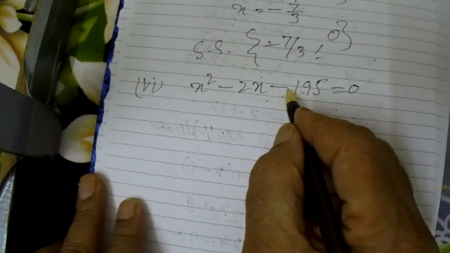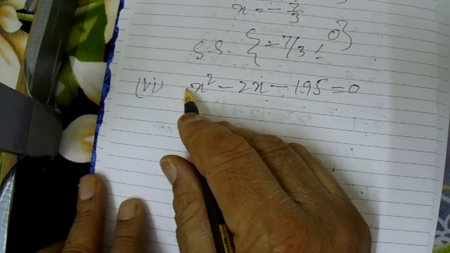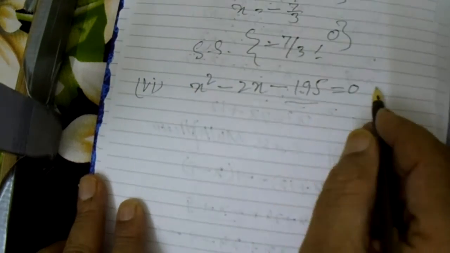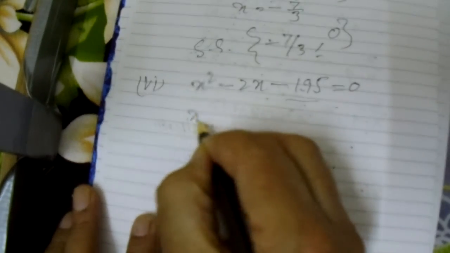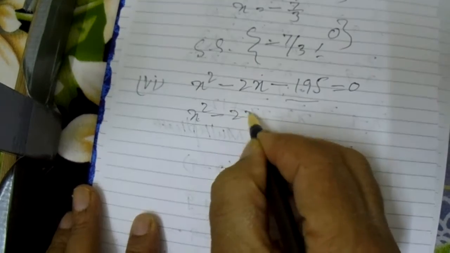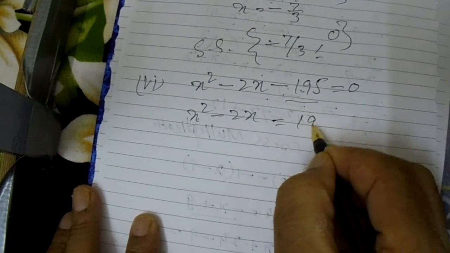The coefficient of x square is 1. The minus 195 term will go on the right side. We write x square minus 2x is equal to 195.